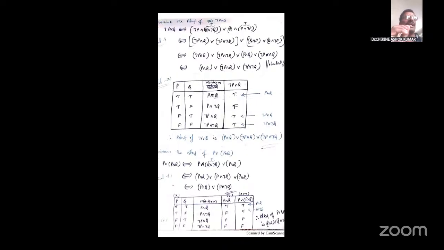So in this, first identify how many propositions there are. Here we have two propositions. Write this as a sum of products of canonical forms.